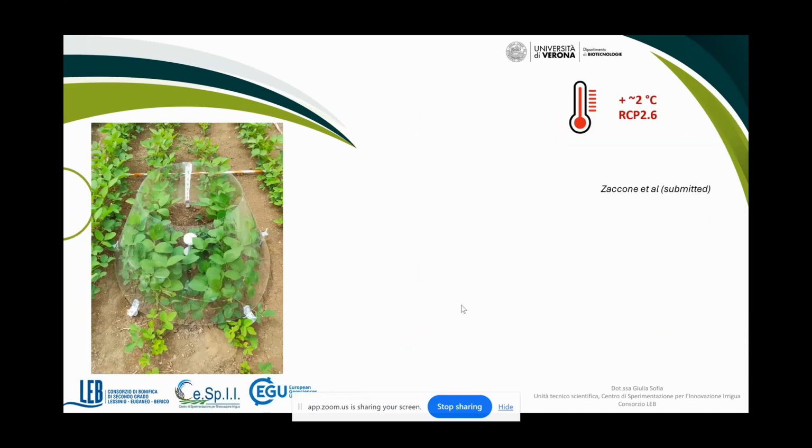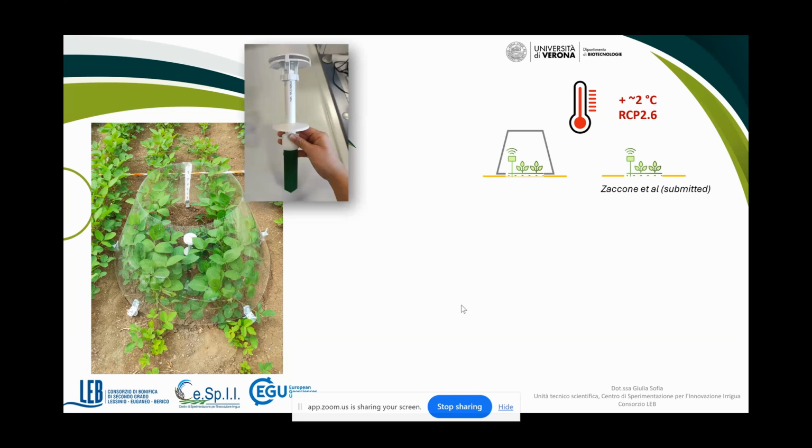On the field scale, they built chambers, small greenhouses, where they could test the effect of 2 degrees more temperature inside the soil. Now, 2 degrees is what we expect in the most conservative climate scenario.